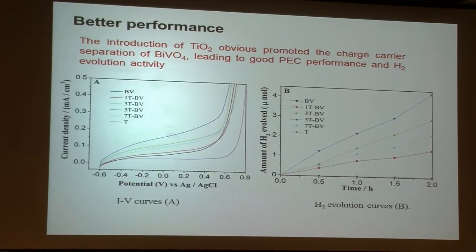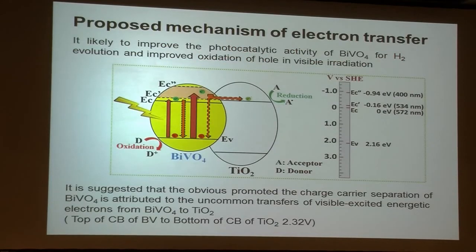We tested the current density and got similar results with the SSPS. So till now, nobody has reported the mechanism for why just 5% titanium dioxide in the bismuth vanadate can increase the visible response of this kind of material.